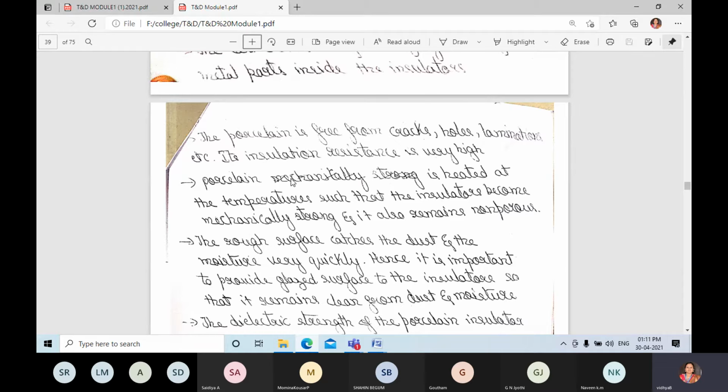Porous means small holes, which should not be there. Non-porous means no holes on the insulator.